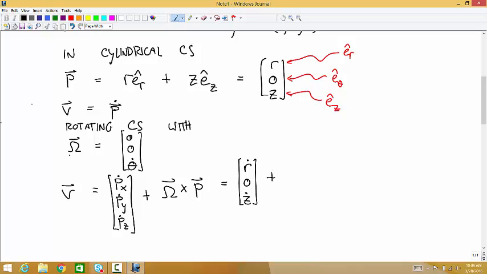And then you're adding omega crossed with the position vector. Omega is 0, 0, theta dot, crossed with the position vector, R, 0, Z. And so the velocity vector is R dot, and that's all in the ER direction, and then R theta dot, and that's in the y direction, so that should actually be positive.